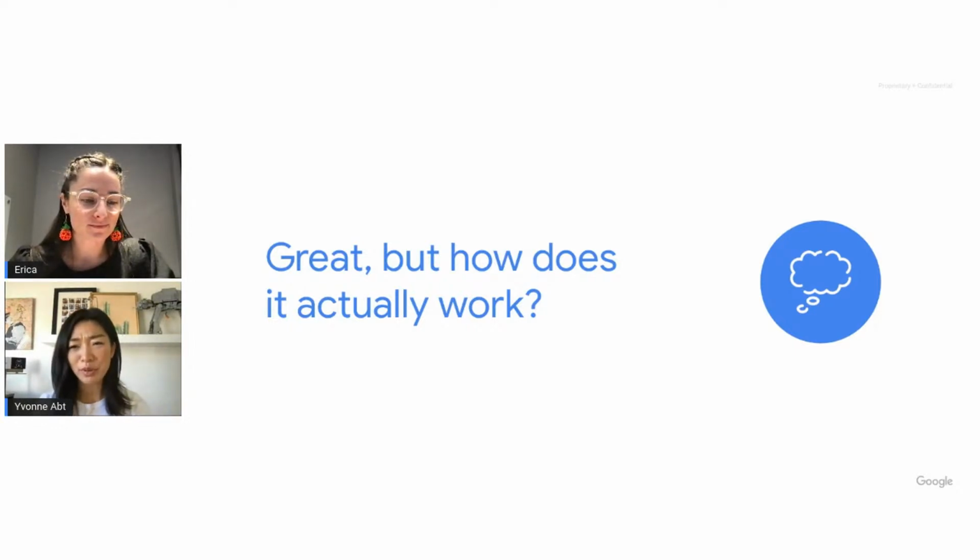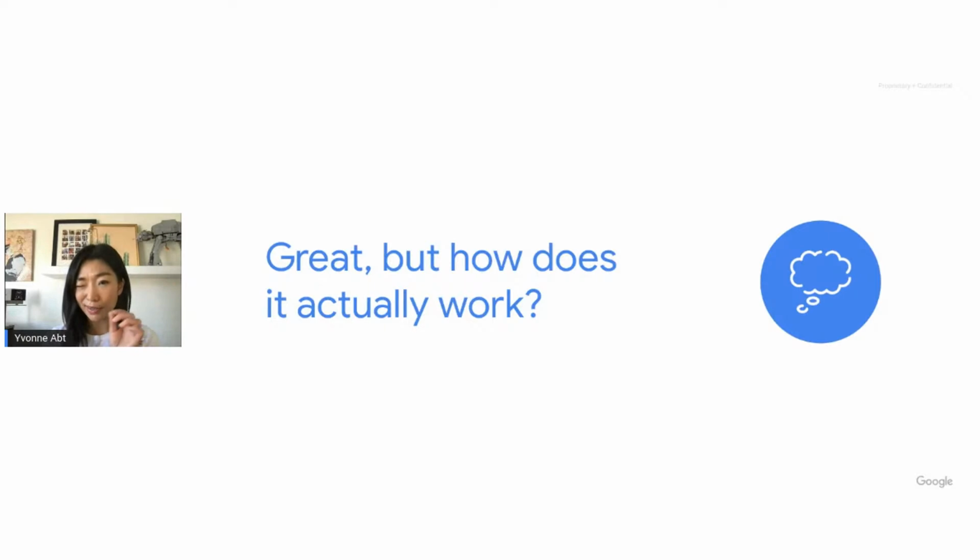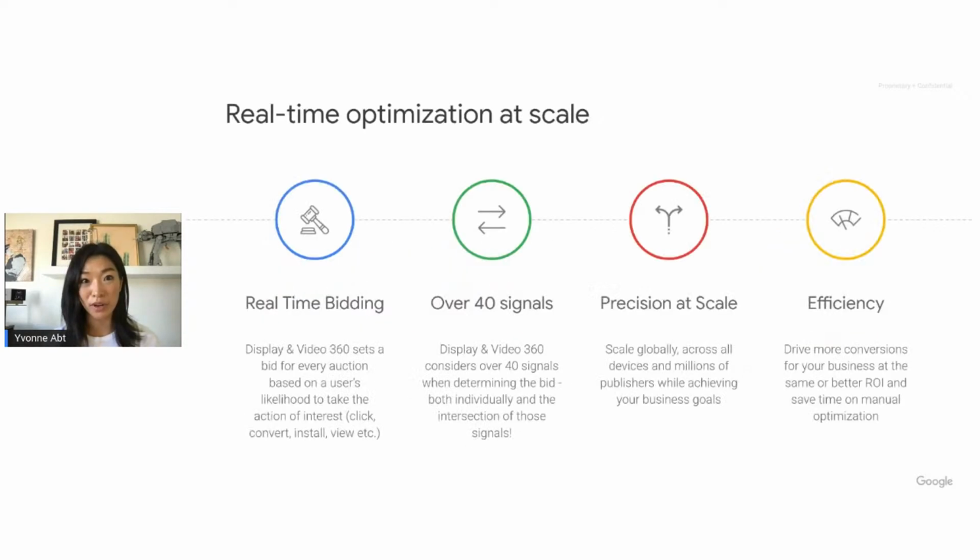All right. I promised you at the beginning that we're going to get into a little bit of what that secret sauce is, right? We've talked about automated bidding, bid multipliers, all of these great tools that surface suggestions for you. But you're probably thinking, how do I know that it really works? So we know that as a DSP, real-time bidding in DV360 is its bread and butter, right?